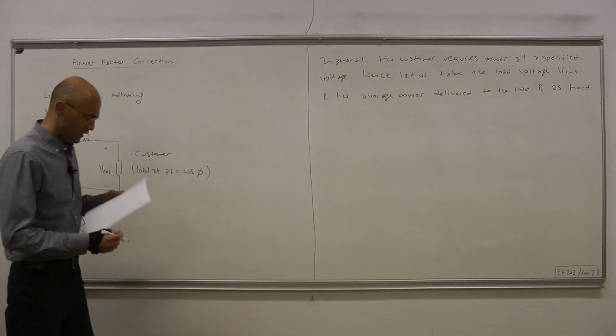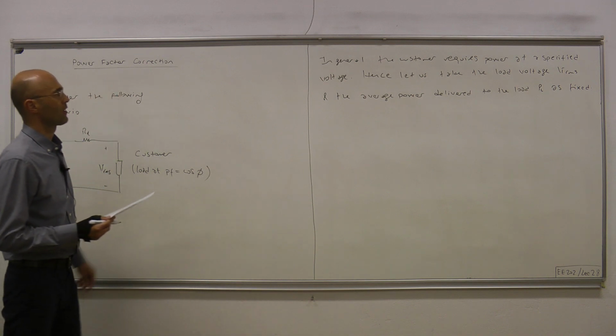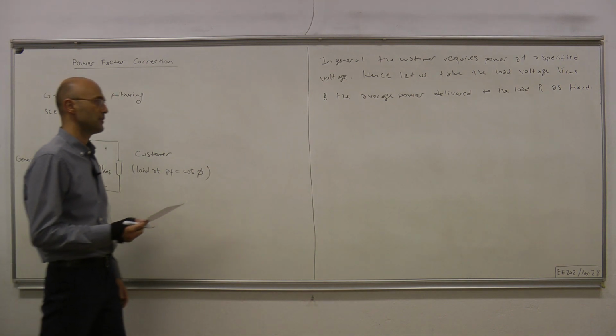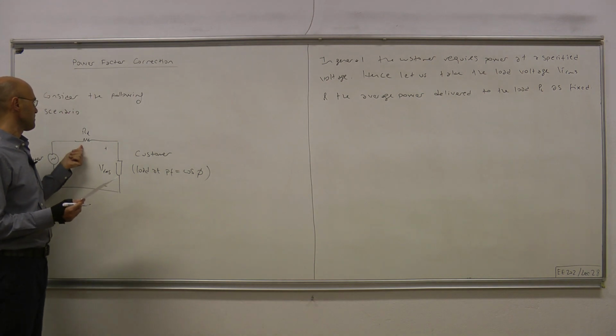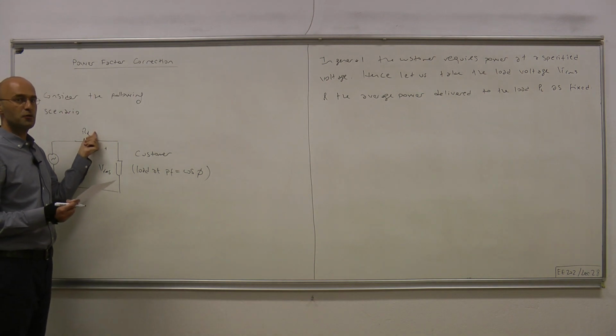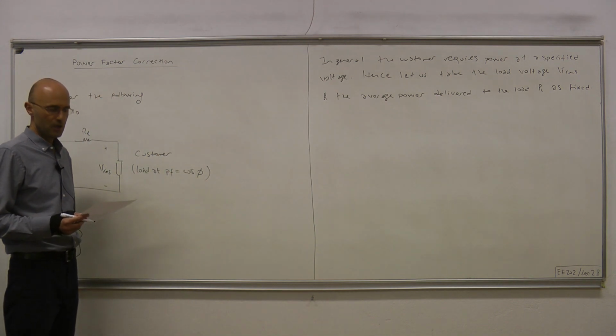Now, under these assumptions, which are realistic, we will try to figure out the power loss through the transmission lines and its relation to the power factor of the customer.